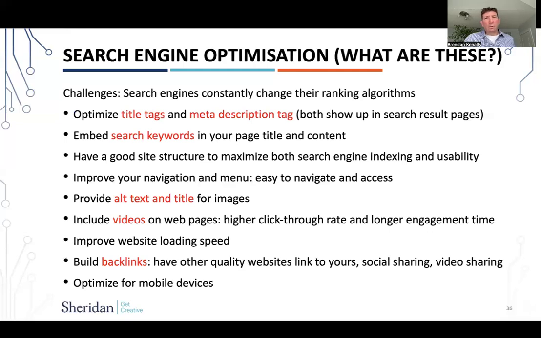When you're looking at the Google algorithm, there are some key things you really have to do here. This is a bit of a list. You can see there are a lot of items on here. Some of them are more technical than others, but we'll go through a bit more of them when we do our actual page design.